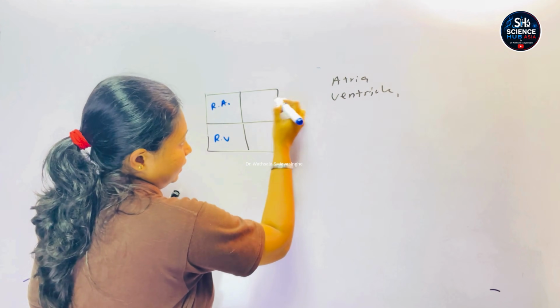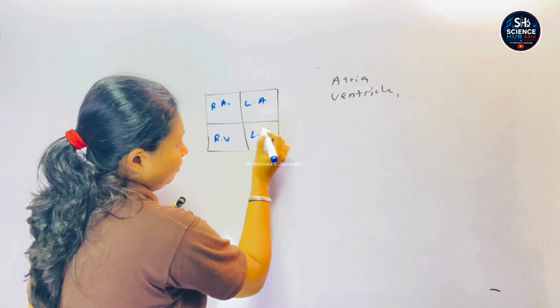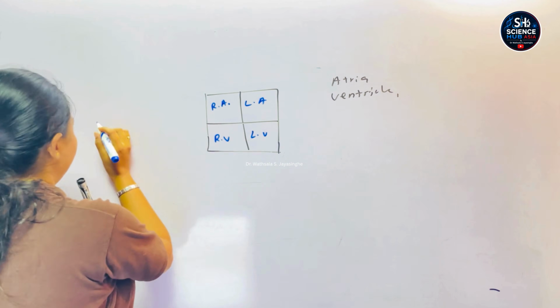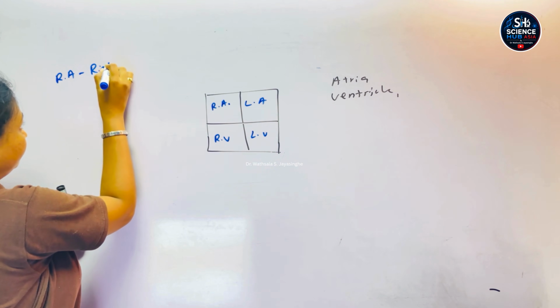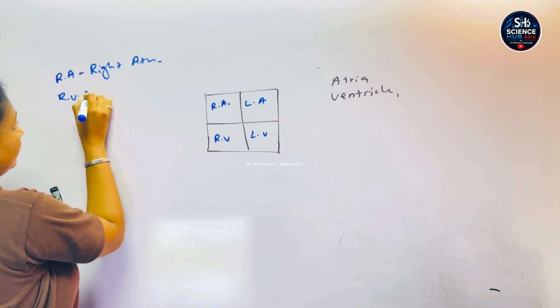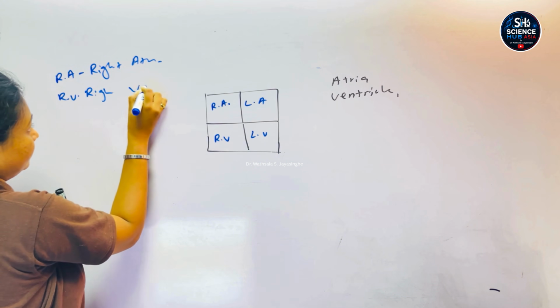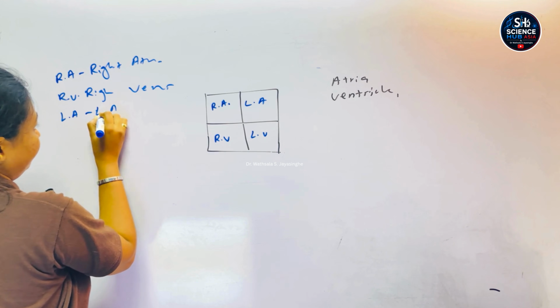This side is the left side, with the upper chamber, so left atrium and left ventricle. I'll write it there. RA means right atrium, RV means right ventricle, LA means left atrium.